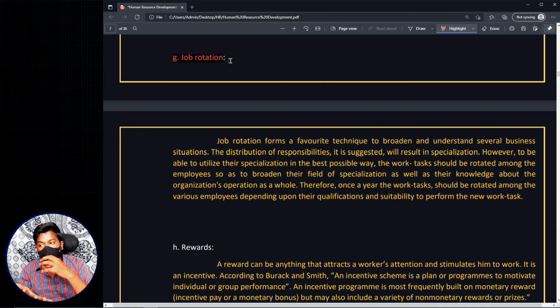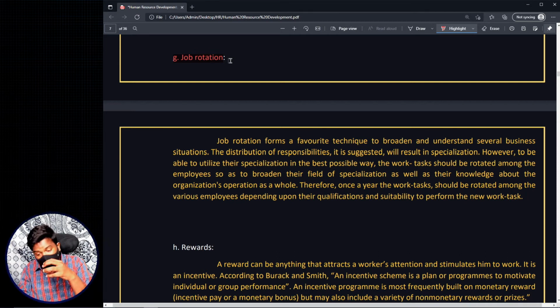Now, here doing job rotation means once you complete the training, first you will be placed in the recruitment department. Now, after 6 months or 1 year or whatever it is, you will be shifted to the performance management department. After that, you will be shifted to the legal compliance department. In this way, job rotation means rotating the employee through a series of different linked, related jobs. Here there is no need of you learning new skills.